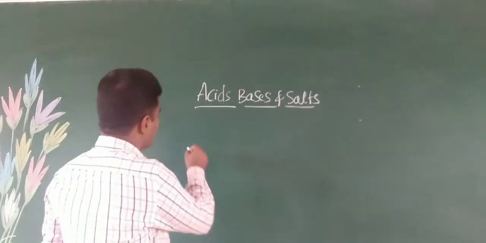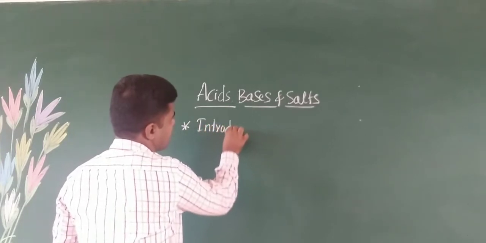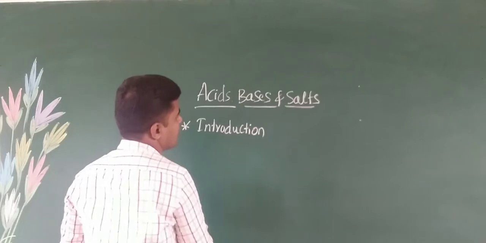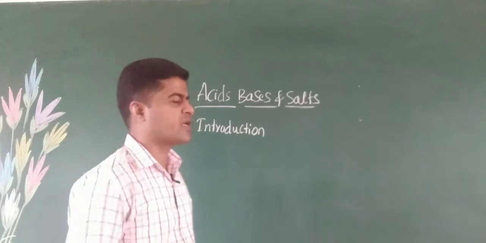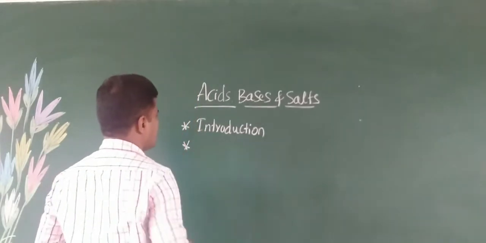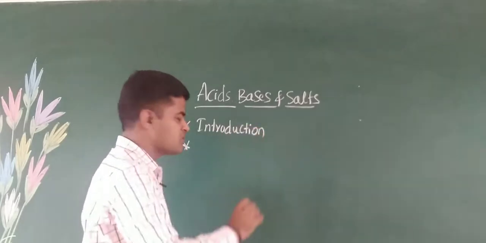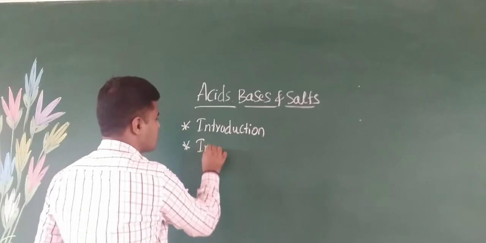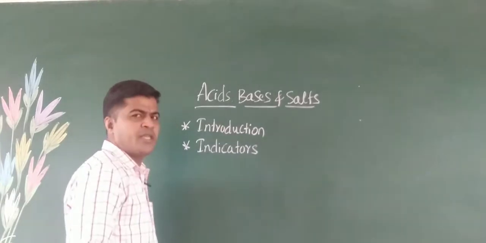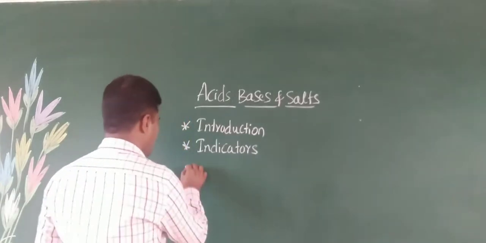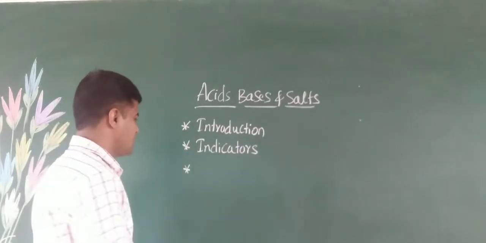Today we'll discuss a little about the introduction. What exactly do we mean by acid? What exactly do we mean by base? What exactly do we mean by salt? And we are going to discuss the definitions of acids and bases, and the second concept, that is indicators, which are used in identifying acids, bases and salts.